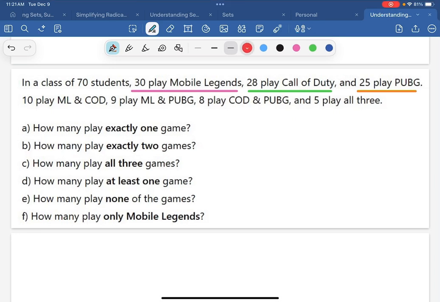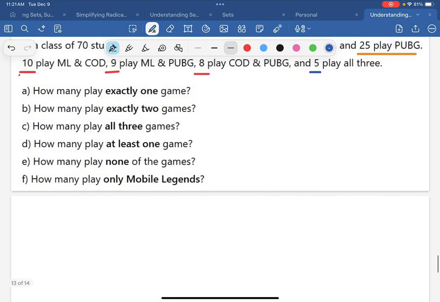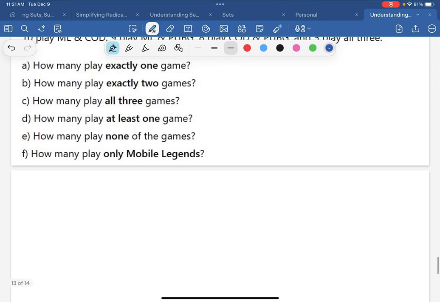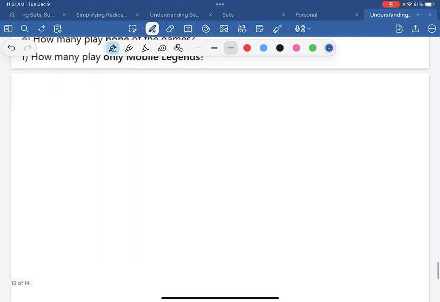So we have it here, 10. For ML and PUBG together is 9. And 8 play COD and PUBG. And the most important thing is the intersection of all 3, in which there are 5 students who play all 3 games. This time, before we answer all of these questions, let us draw the Venn diagram first.